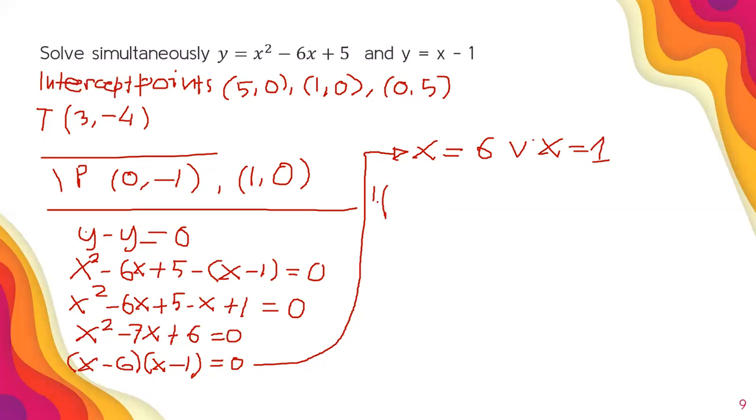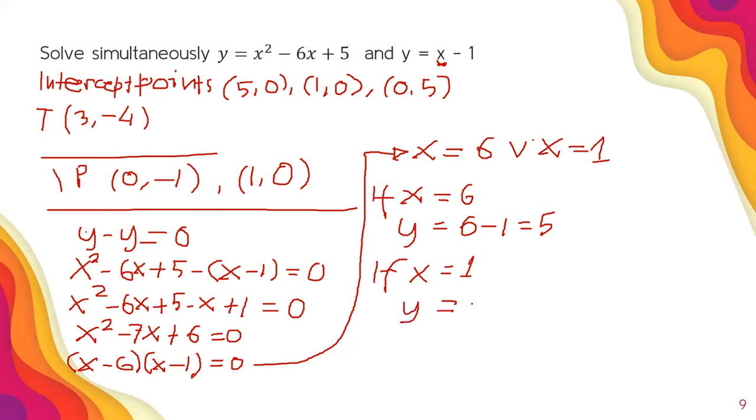If x equals 6, y equals 6 minus 1, which is 5. If x equals 1, y equals 1 minus 1, which is 0.